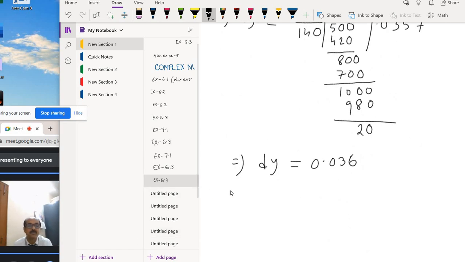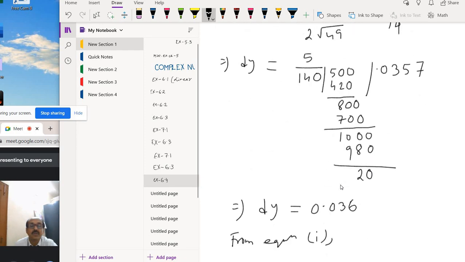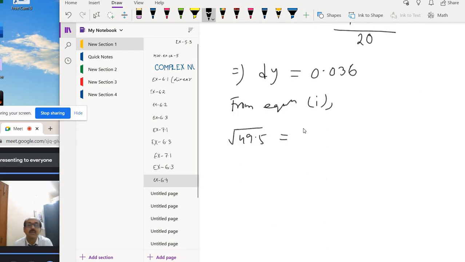From equation 1, under root 49.5 is equal to 7 plus 0.036, which equals 7.036.